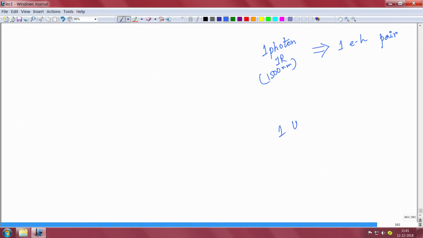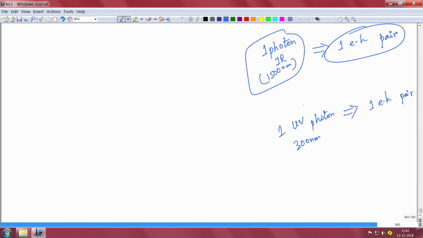Similarly, one UV photon, which is say 300 nanometer, if it is absorbed completely, also gives one electron hole pair. No discrimination here. One IR photon will give one electron hole pair, best case. One UV photon also will give one electron hole pair, best case.